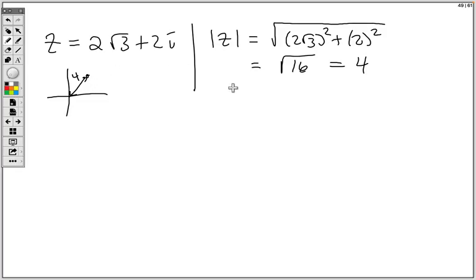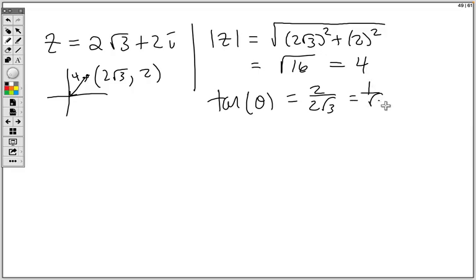Now I got to go figure out the argument. So if I look at the tangent of theta, that's going to be the y over the x. I guess I should label this, right? The y over the x, that would be 2 over 2 root 3, which is 1 over root 3. So I get root 3 over 3, which is pi over 6.